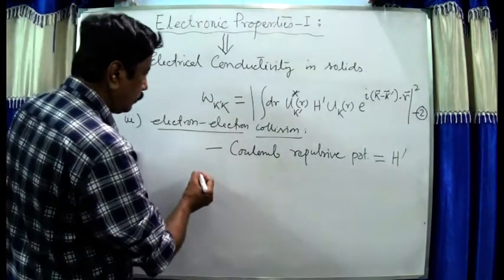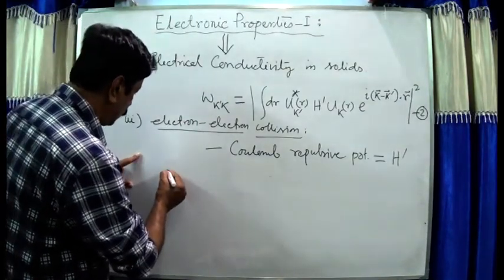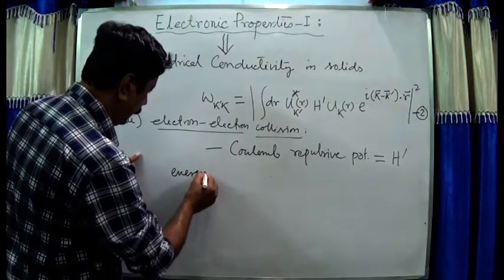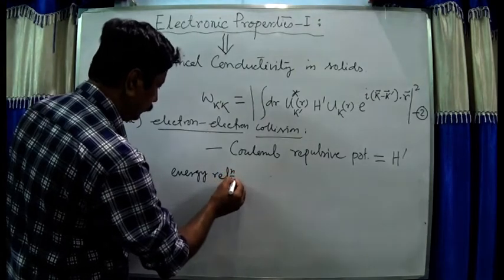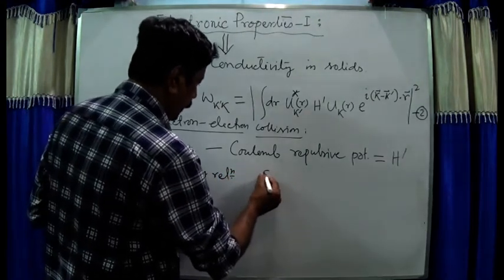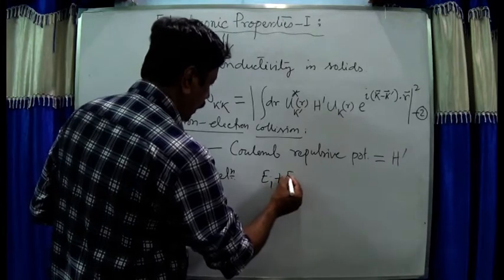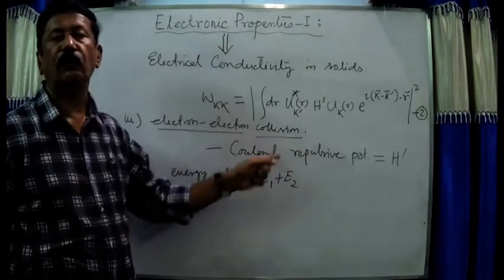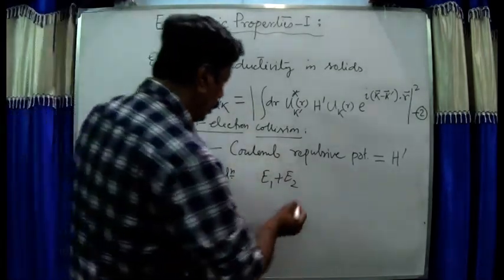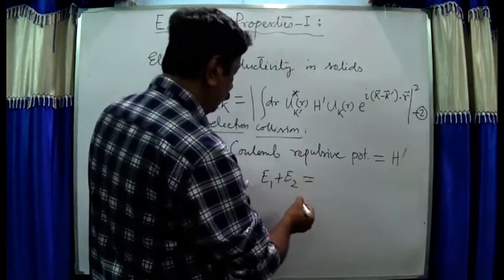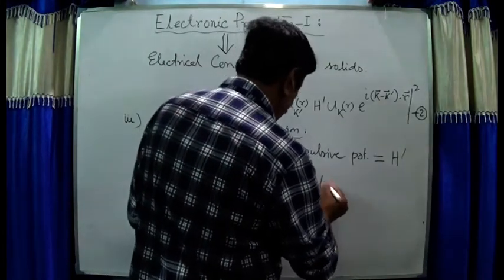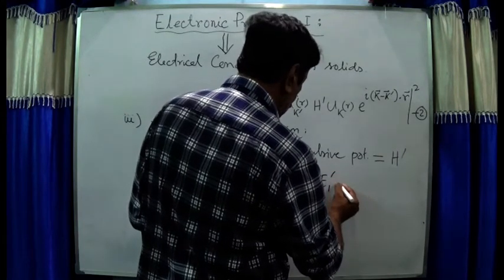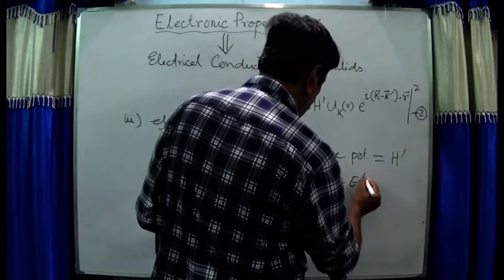In this case, the energy conservation relation would look like this: when electron 1 is interacting with electron 2, the energy will be readjusted, E1 plus E2 equals E1 prime plus E2 prime.